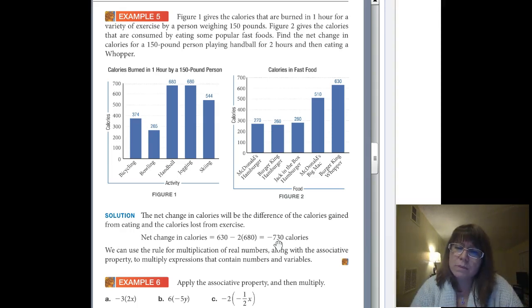So what does that really mean? It means that even after eating a Whopper, this person burned 730 calories. His net change was negative. So negatives do really exist out in the real world.